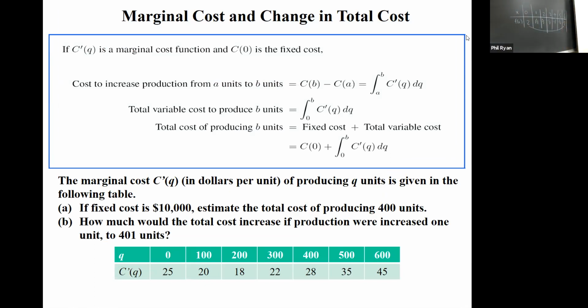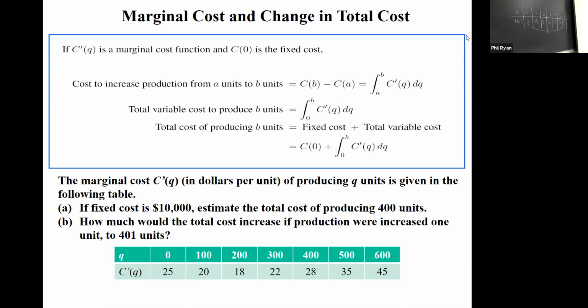All right, so we're taking the integral of the marginal cost function. Since marginal cost is the derivative of cost, when we integrate marginal cost, we're going to get the total change in cost.